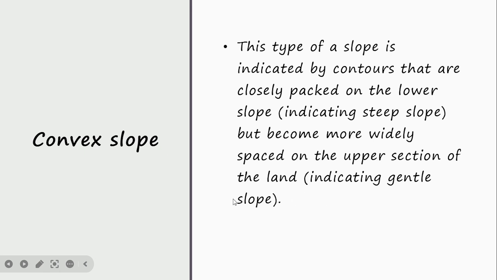So that's how this makes sense: the contours are closely packed on the lower slope, where they show a steep slope, and are more widely spaced on the upper section, where they show the gentle slope, making it a convex shape.